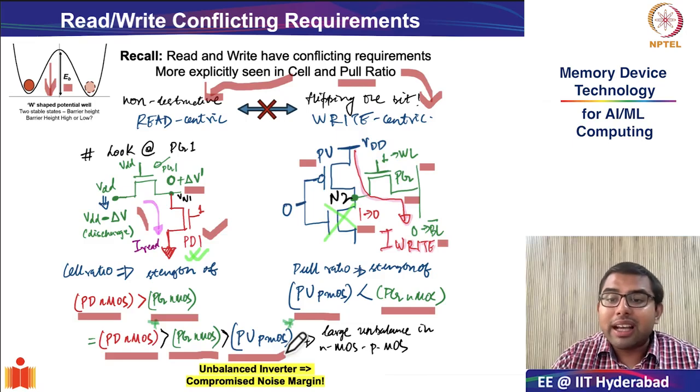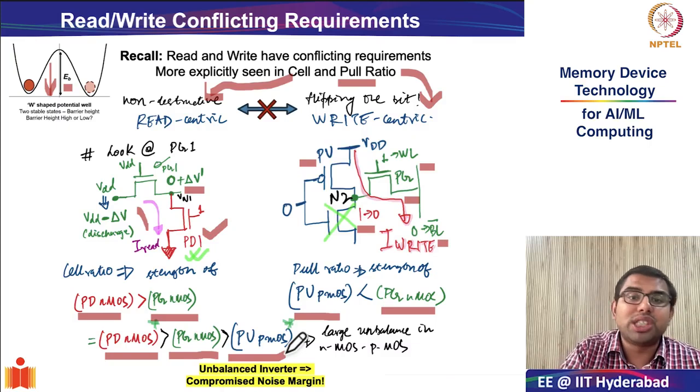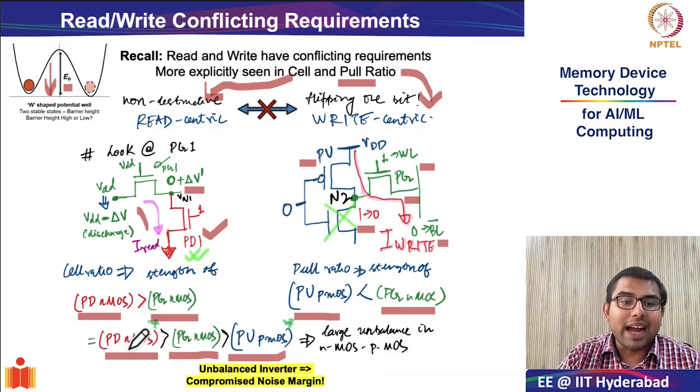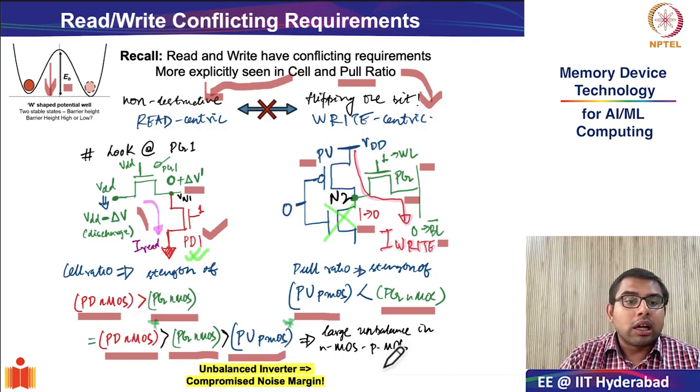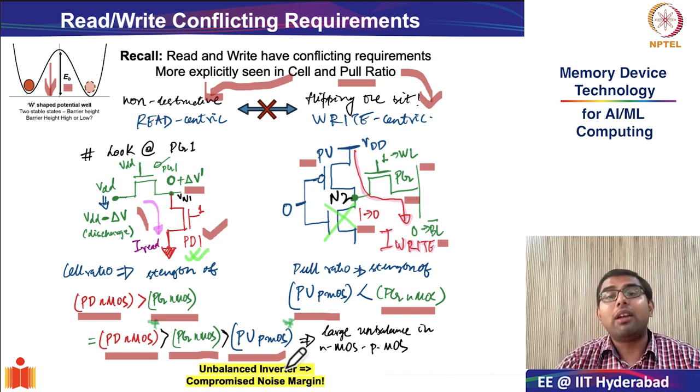Immediately, as you can see, there is a big problem in trying to accommodate both good cell ratio and good pull ratio. If the strength of the PD NMOS and the pull-up PMOS in the inverter structure is very imbalanced, as this equation seems to suggest, this will create problems in your noise margin. Why? Go back one lecture.